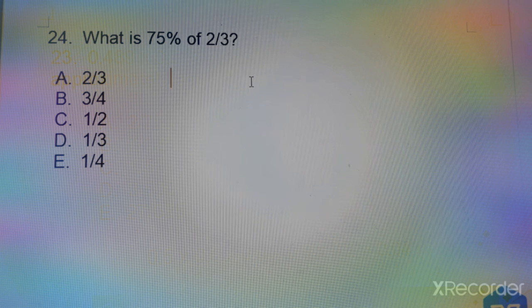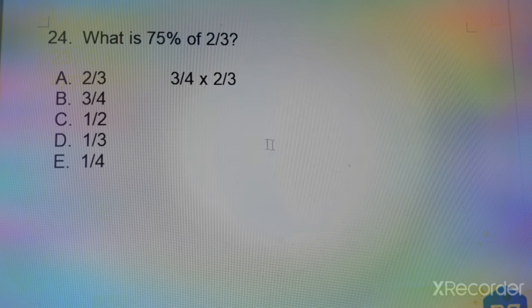Number 24, what is 75% of 2/3? 75% is equal to 3/4. So what is 3/4 of 2/3? Okay, 3 over 4 times 2/3.